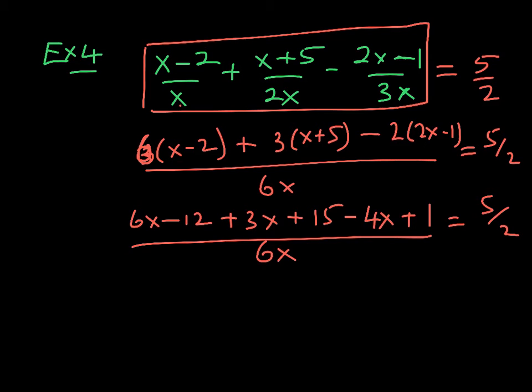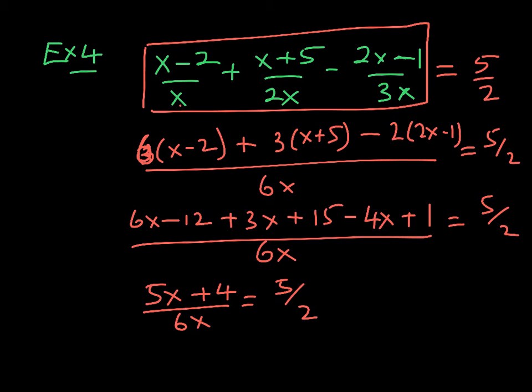Now 6x minus 4x gives us what? That's 2x. 2x plus 3x gives us 5x. Then -12 plus 15 gives us +3. +3 plus 1 gives us +4. So 5x plus 4 over 6x is equal to 5/2.